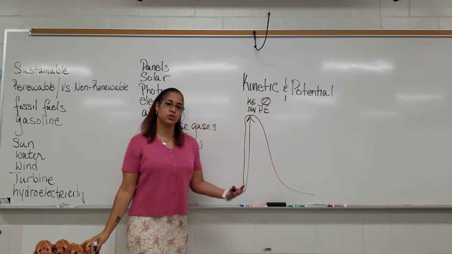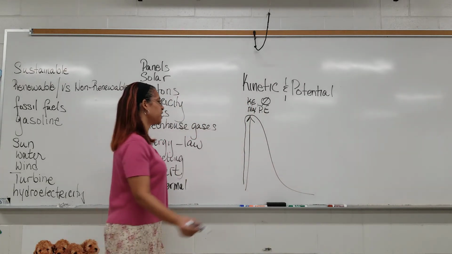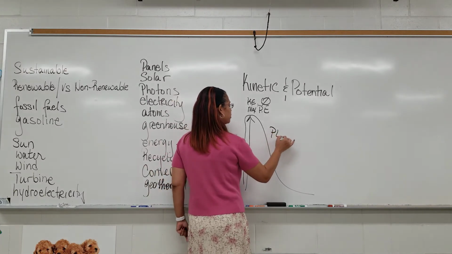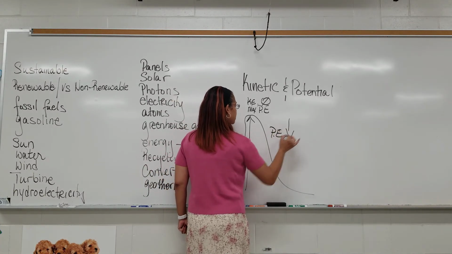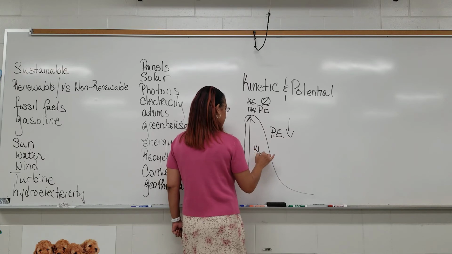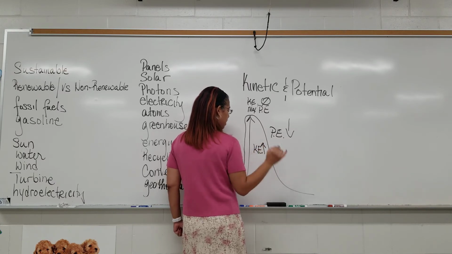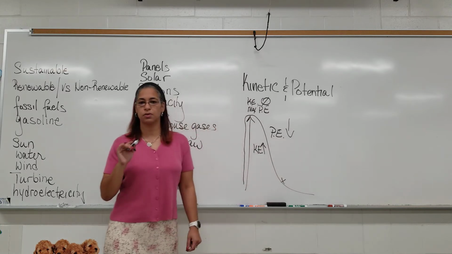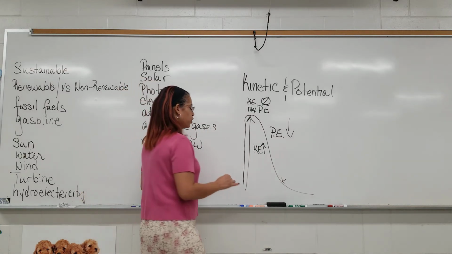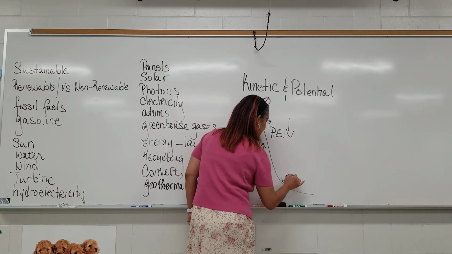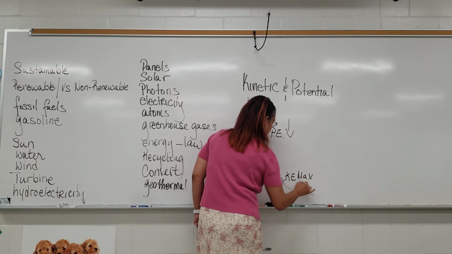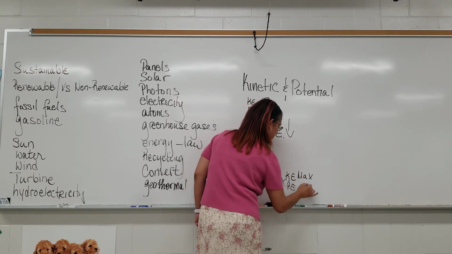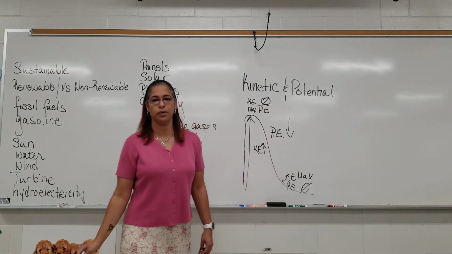So as the roller coaster starts to drop, it begins to pick up in speed. Its potential energy is decreasing at this point, and its kinetic energy is increasing. And when you get to the point just before you hit the ground, your kinetic energy is at its max, and potential energy is at 0.